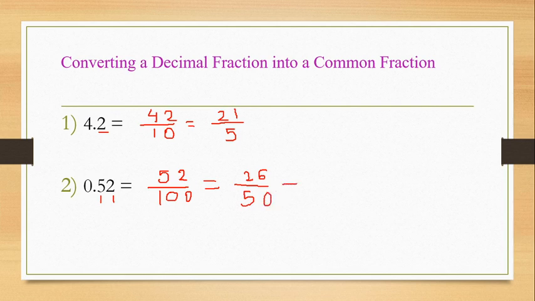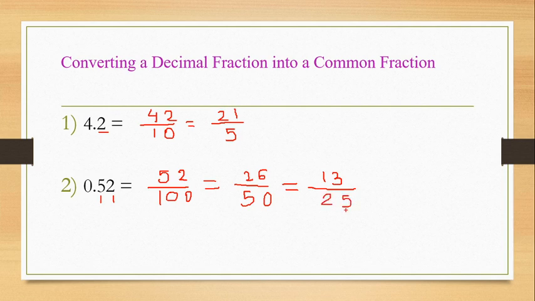Again we can still divide it, no? Still both are even numbers. Again division sign. 26 divided by 2 will give me 13. Correct, no? 13 twos are 26. And 50 divided by 2 will give me 25.